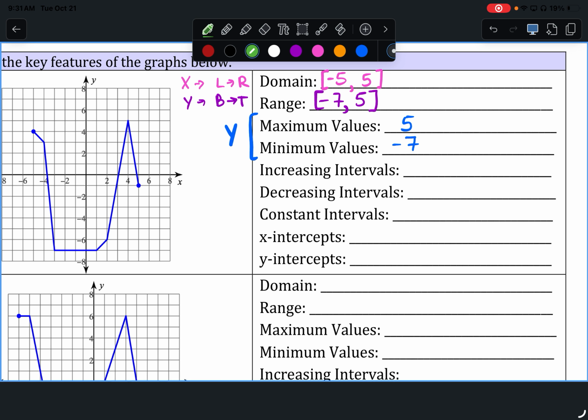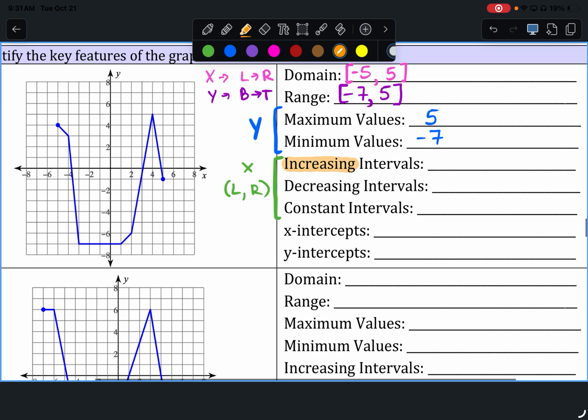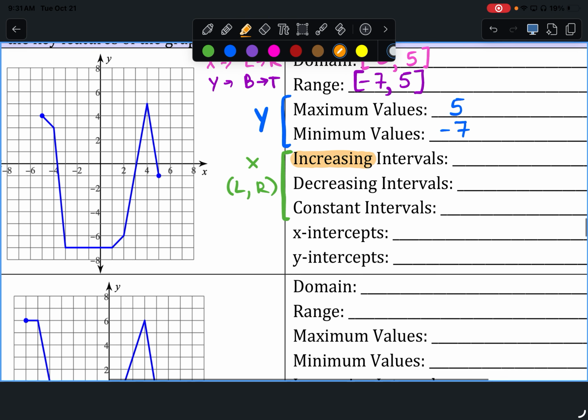For our intervals, we look at our x values and we do an interval from left to right and we use parentheses on that interval. So we're going to start with increasing. So on this graph, when does it increase?